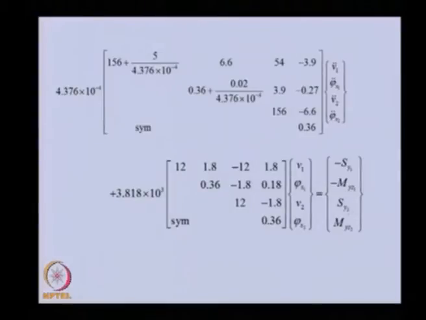Apart from the mass of the shaft, this corresponds to the mass of the disc, and this is the diametral mass moment of inertia of the disc. Because that disc is at node 1, they appear at the diagonal terms. So at node 1 they appear, but not at node 2.